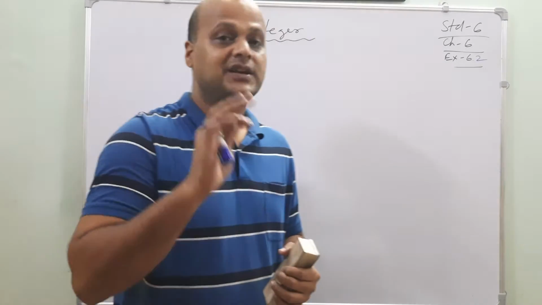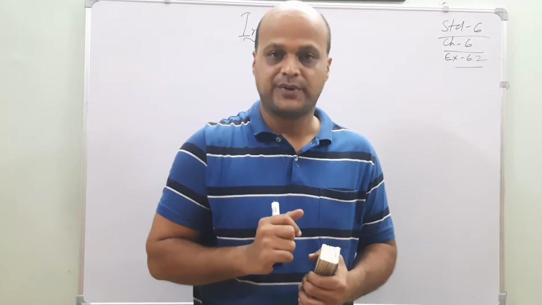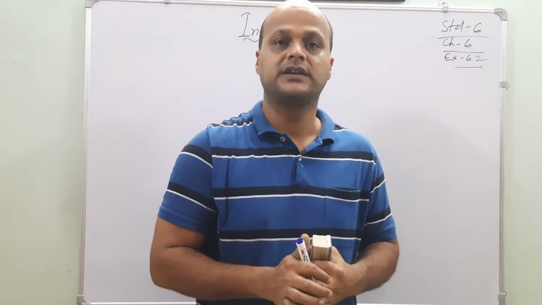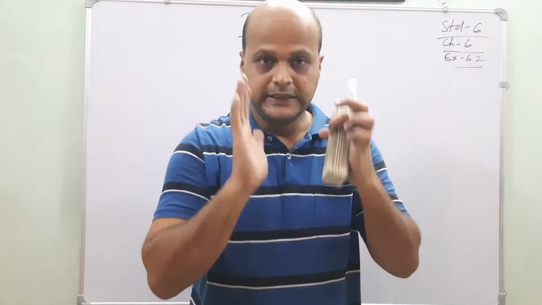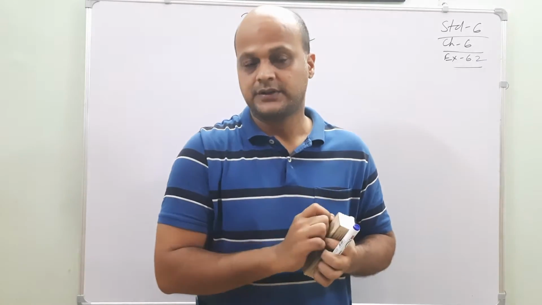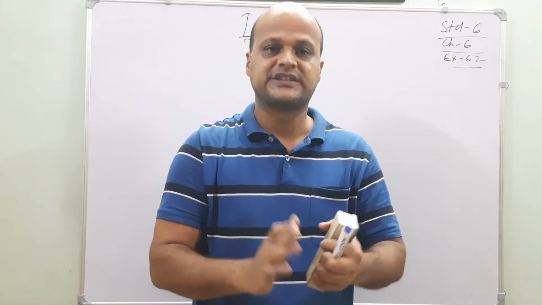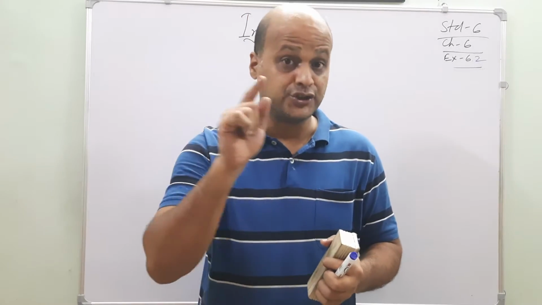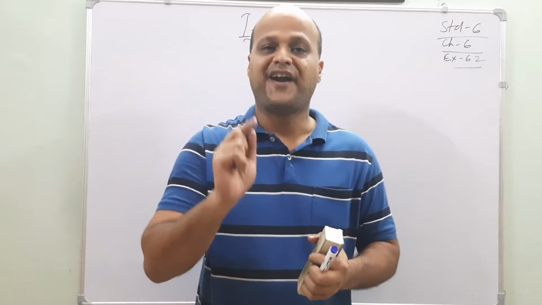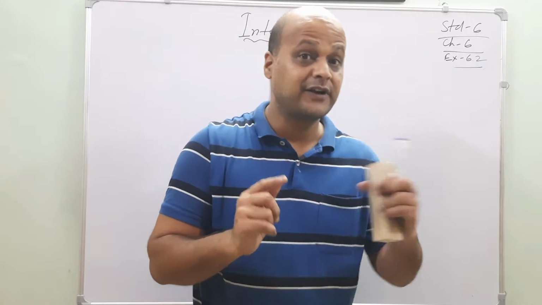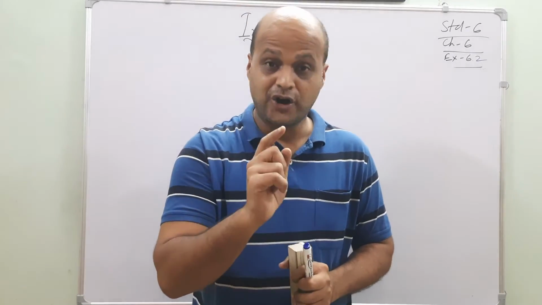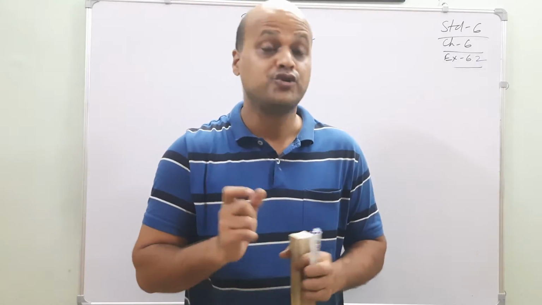Okay, let's go. Before that, just remember the fundas. Integers are of two types: one is positive, another is negative. Positive integers are present on the right hand side of zero on a number line, and negative integers are present on the left hand side of zero. Which one is bigger?